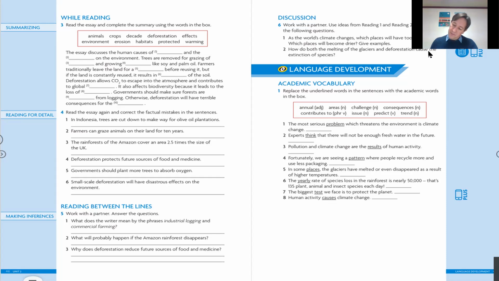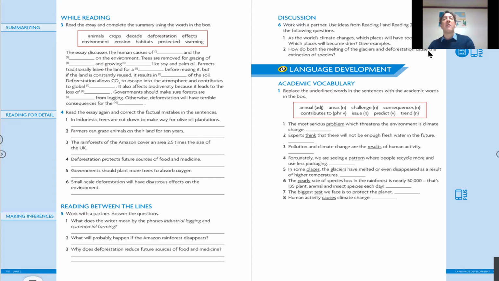Okay. Look in paragraph 5. Look into the future. Governments should act to plant more trees which will absorb carbon dioxide. So it's not oxygen, carbon dioxide. And number 6, small-scale deforestation will have disastrous effects on the environment.